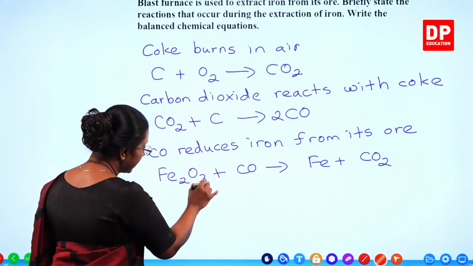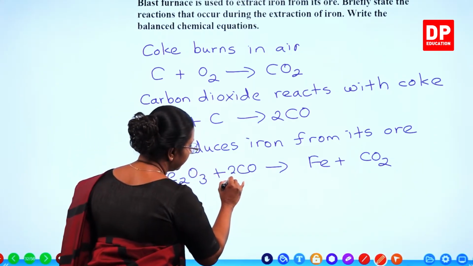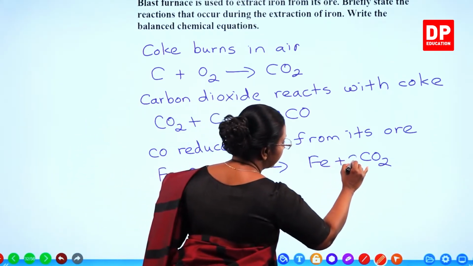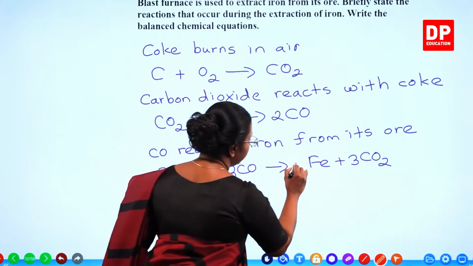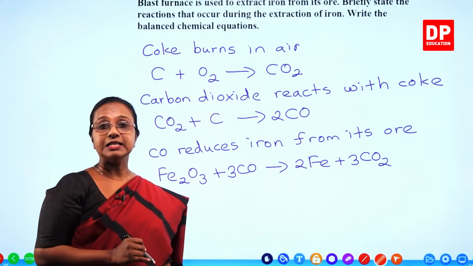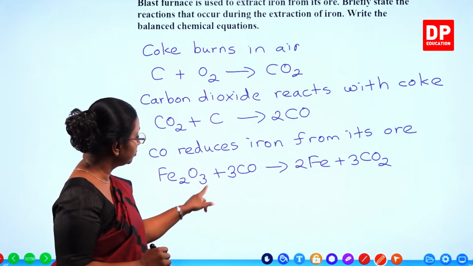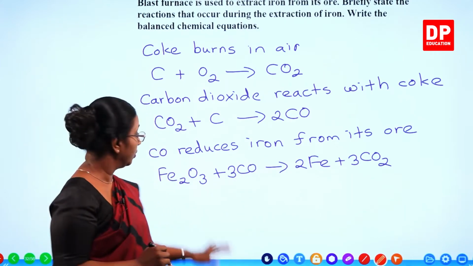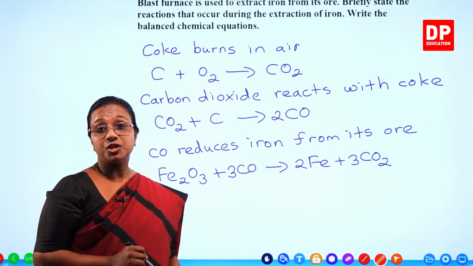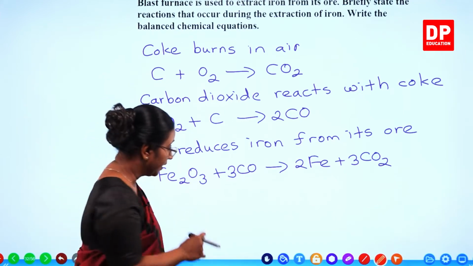So here, since there are 3 oxygens, we need 3 carbon monoxide and that will produce 3 CO2. To balance iron, we need to have 2 iron there. So Fe2O3 plus 3 CO gives rise to 2 Fe plus 3 CO2. That is the reduction of iron from its ore.